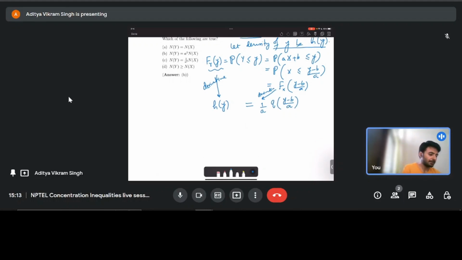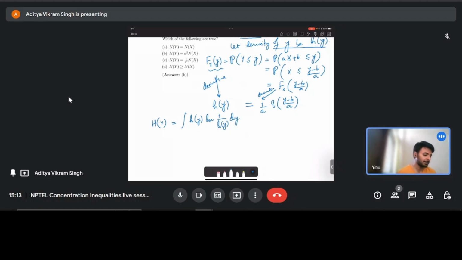So first we'll compute H(y), the differential entropy. Okay, two h's here. H(y) is defined as the integral of h(y) times log of 1 by h(y) dy.